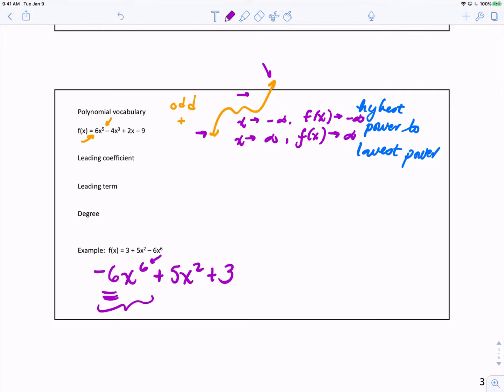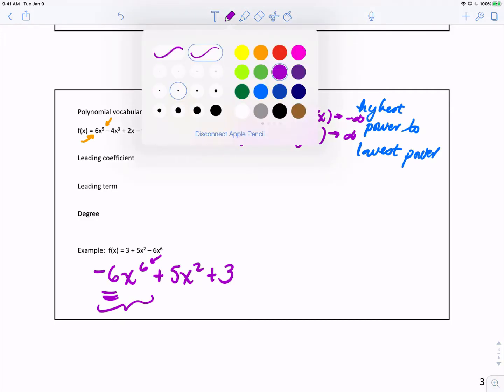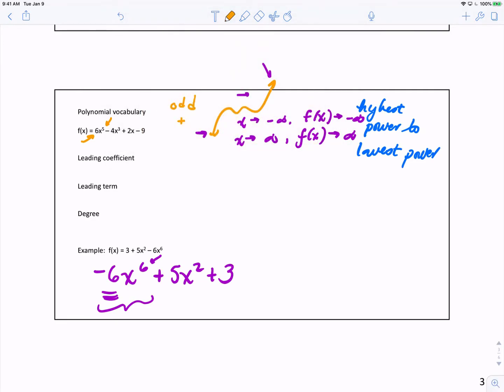Let's go ahead and review that for the second function. For this second function, we would look and go, oh, this is an even function, and the leading coefficient is negative. So we know that since it's an even function, the arms point in the same direction, and since the coefficient is negative, they both point down. So something like this.